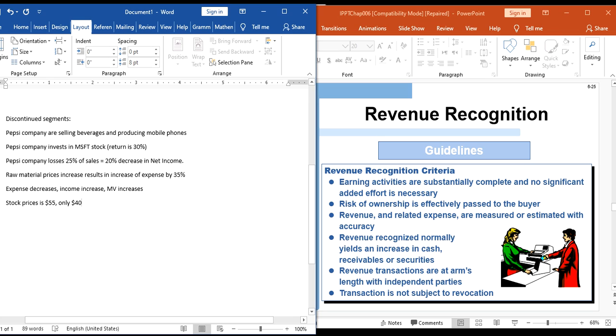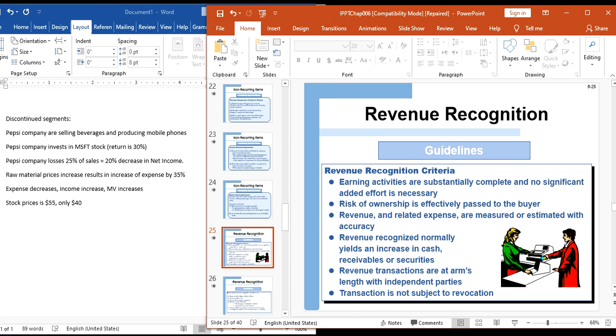But what's important to know here is that revenues are repeating, coming from the operating activities of the company, not only once. So here are some guidelines and criteria to recognize revenues.